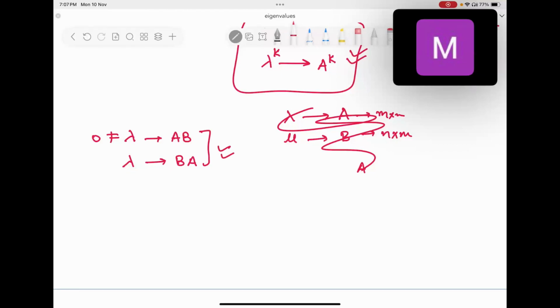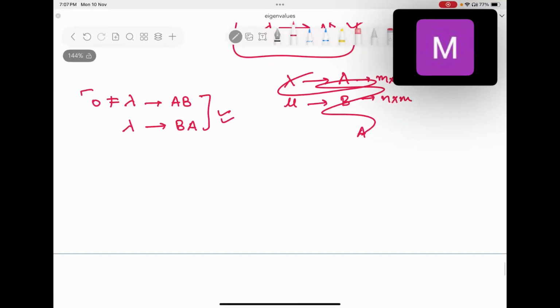This will also hold, right? Okay, what about 0? Now suppose 0 is an eigenvalue of AB. What can you say about the eigenvalue of BA?